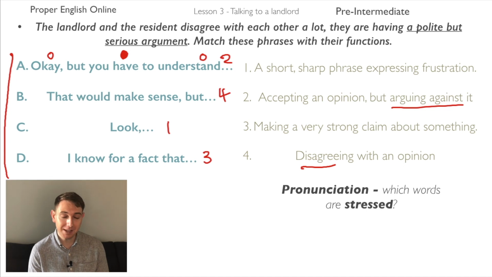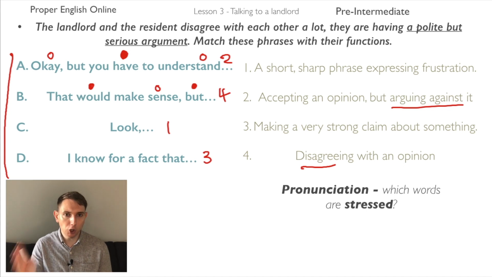Now, so for B, for this one, we're going to stress would, actually. That would make sense. Stress on sense too. And then another big stress on but. So we'll say, that would make sense, but. So when you disagree with someone, when they say something you disagree with, you can say, that would make sense, but no, I disagree.